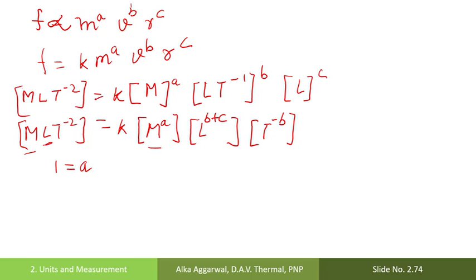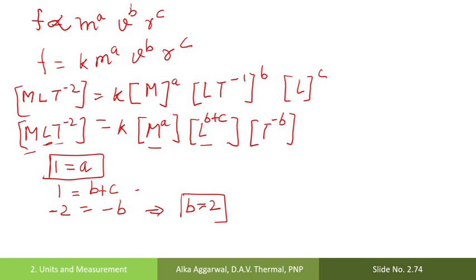Power of L on the left hand side is 1. Power of L on right hand side is b plus c. Power of time on left hand side is minus 2. On right hand side minus b. This equation gives b is equal to 2. Here a is 1, b is 2.